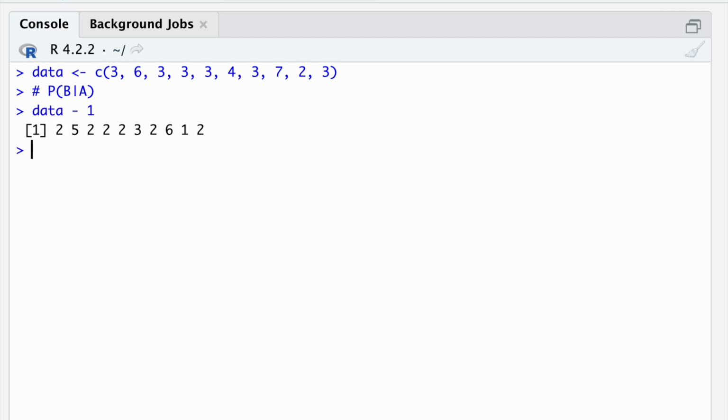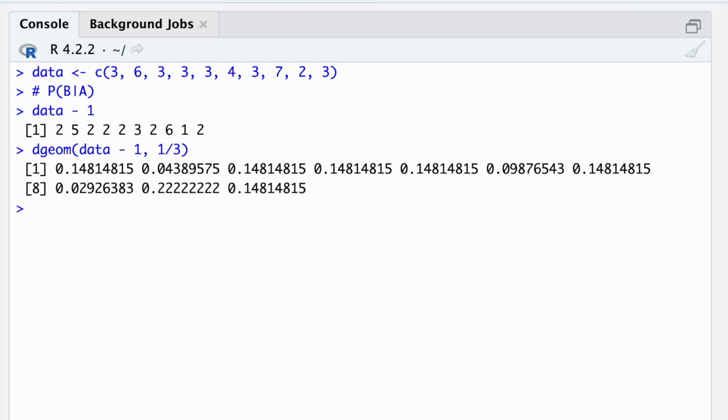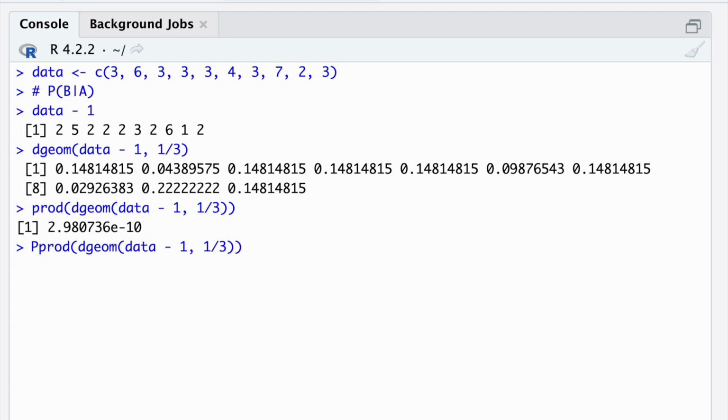So when we're using built-in things for R, we actually want to look at data minus 1, which subtracts 1 for everything, right? Which shifts that perspective from the number of tries to the number of failures. And then we just want to say dgeom, that data minus 1 and 1/3. And then that will say, okay, that's the probability of getting each of these individual observations. And then we just want to take its product, which is this really tiny thing. And I'm going to call this P of B given A, a really long name.